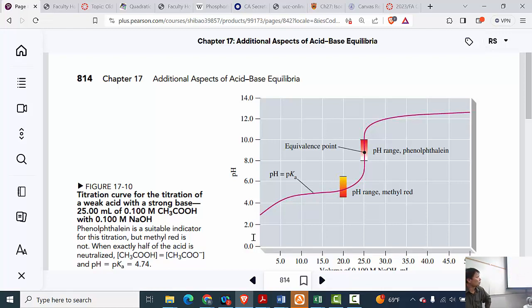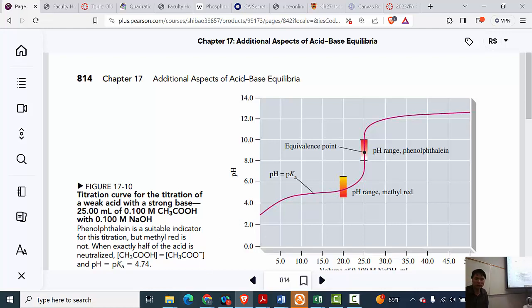Or we could be at the 3/4 equivalence point. 3/4 of the way to 25 would be 18.75 milliliters, about here. Or some other distance between 0 and 25, 25 being the equivalence point here.